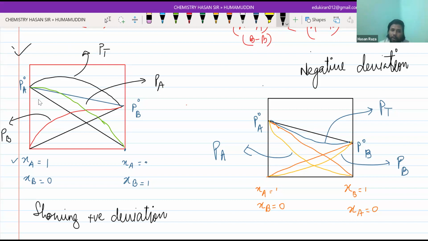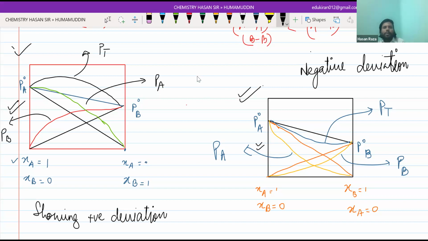In negative deviation, when you mix them, the force of attraction increases, and hence the vapor pressure decreases, and accordingly this graph is for negative deviation. I think it's clear to both of you. Yes, sir. So can I change the slide? Yes.